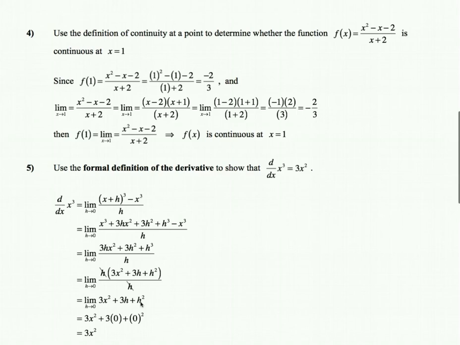It's what we get after the first 3 steps in the 4-step process, and then we substitute 0 in for h here, and those terms vanish, and what's left over is 3x squared, and that's exactly what we were trying to show, that that is the derivative of x cubed.